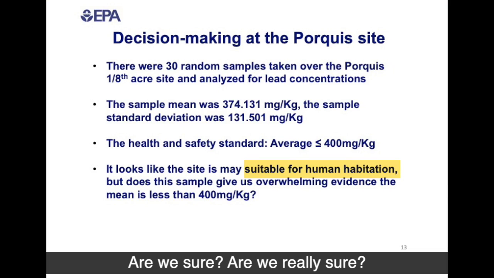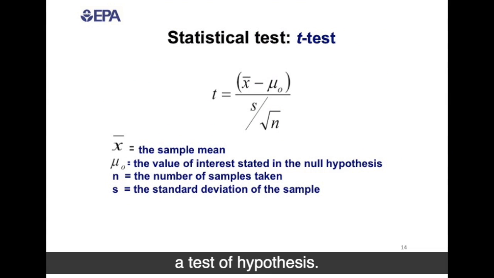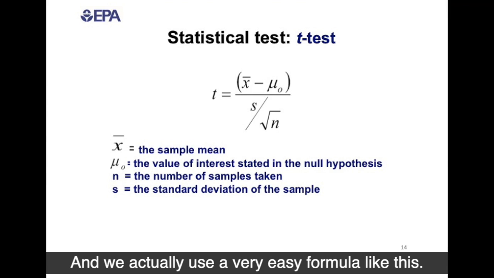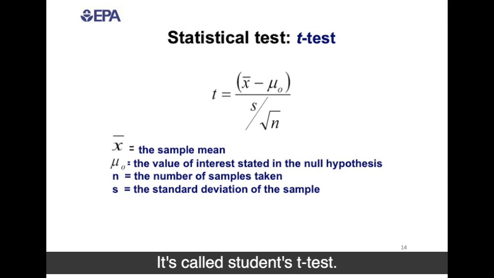Are we really sure? Well, we can set this up as what's called a test of hypothesis. And we actually use a very easy formula like this. It's called student's t-test. You'll see it often referred to that, and there's a long anecdotal story about why it's called that, but just allow it to be called a t-test, or if you hear it called student's t-test, same thing.